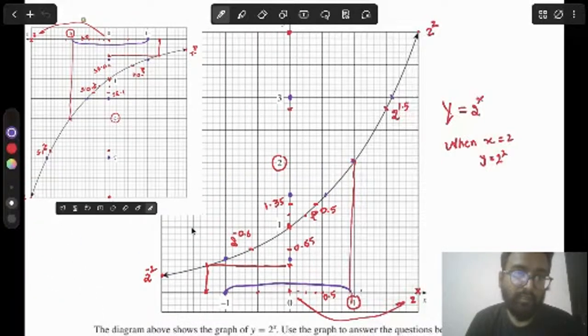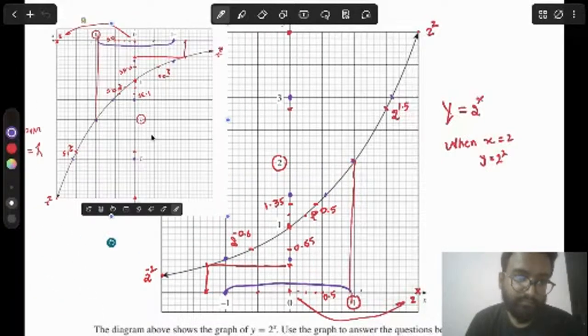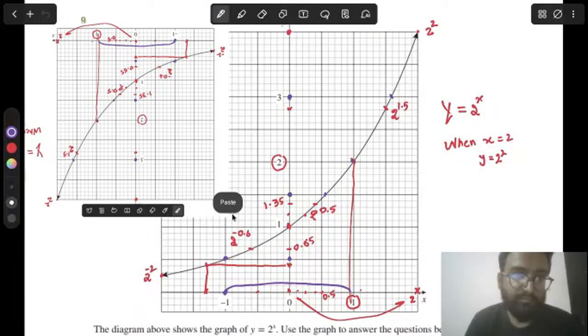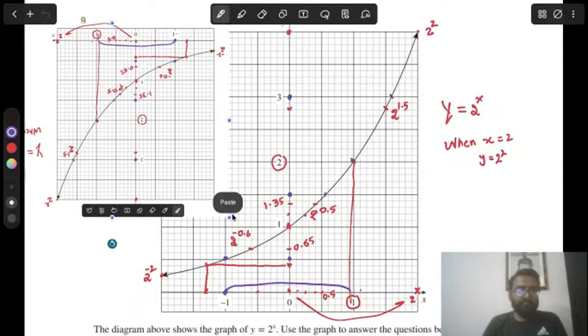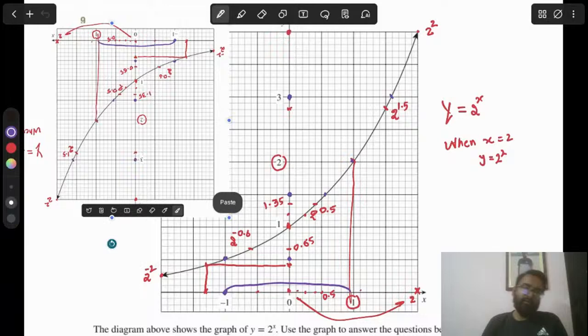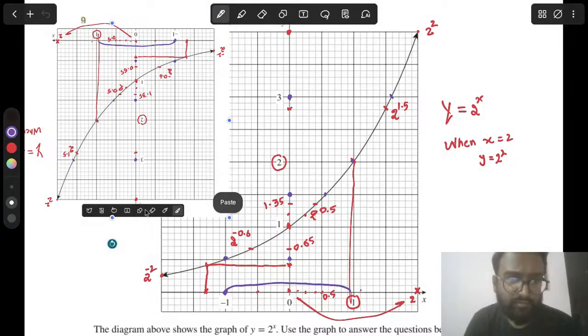Okay. Is this clear? But no, this is not the graph of log x. Okay, so leave it about this. You think it has to be moved a little bit right.